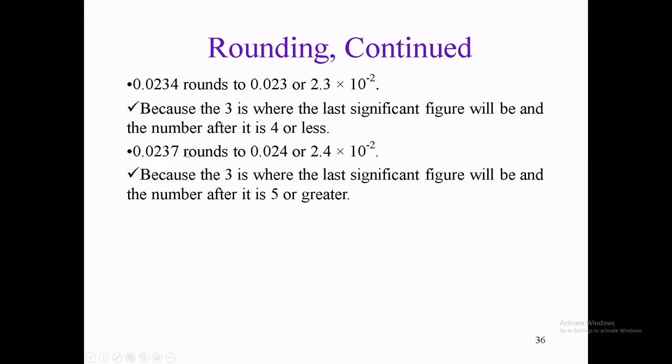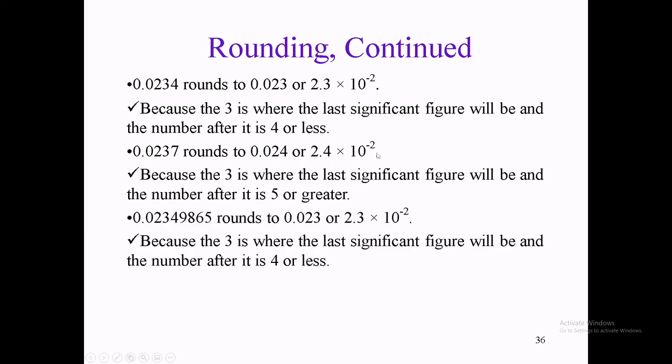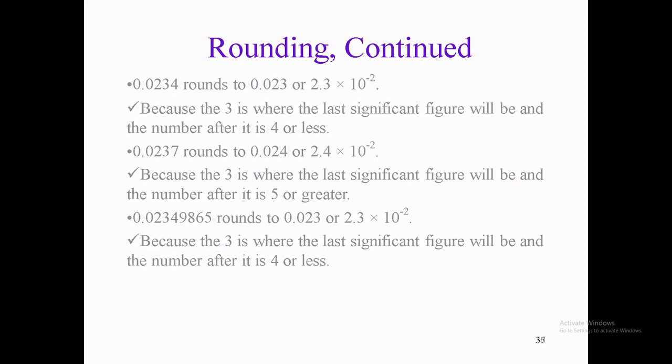We're going to look at this 7. We're going to round that up, and we would write it with scientific notation like this. And again, it does not matter what other values we have at the end. We're going to ignore those, and we're only going to look at the immediate right neighbor to the place that we want to round to.